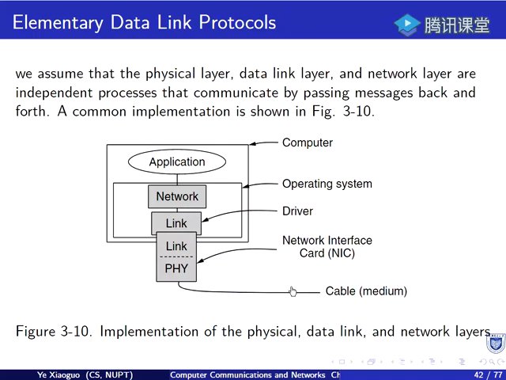Then we will talk about the elementary design of data link protocols. We assume that the physical layer, data link layer, and network layer are independent processes that communicate by passing messages back and forth.